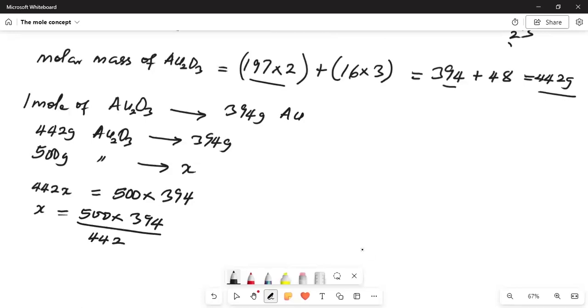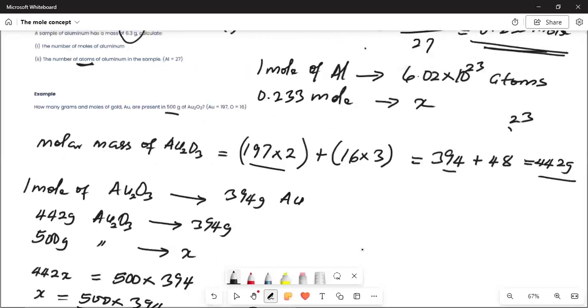That is 445.7 grams, meaning 500 grams of this sample of gold oxide contains 445.7 grams of gold. That is the first part of the question, because the question says how many grams. When they say how many grams, they are asking you to calculate the mass of that thing.